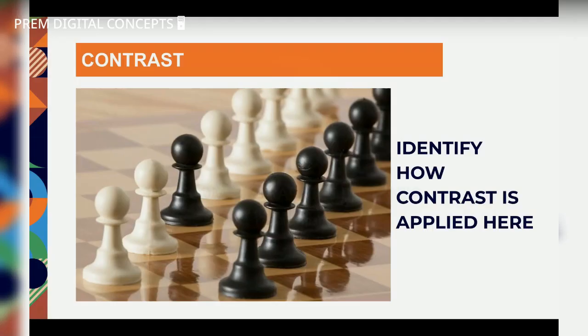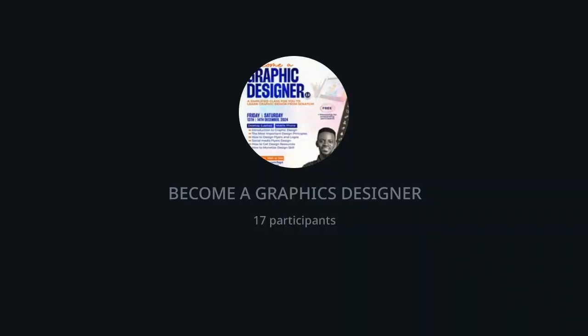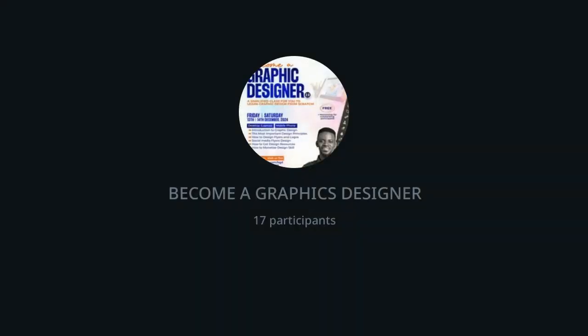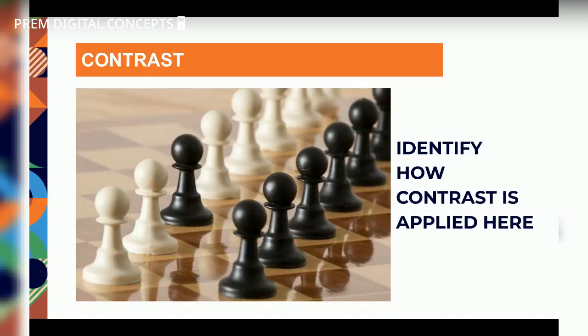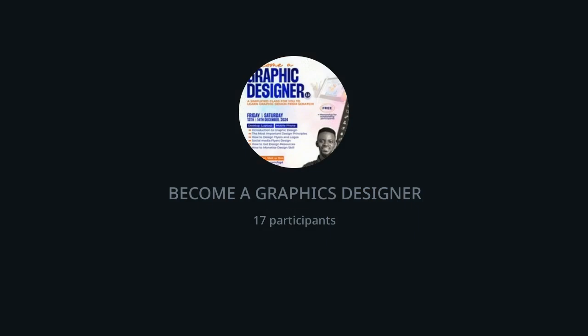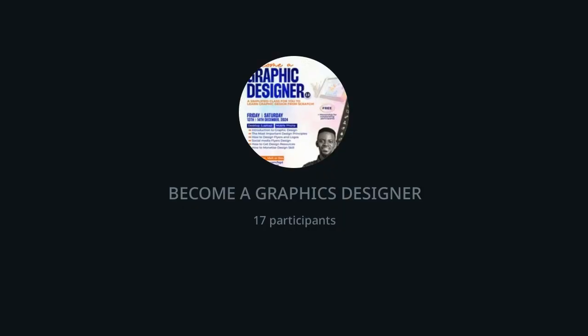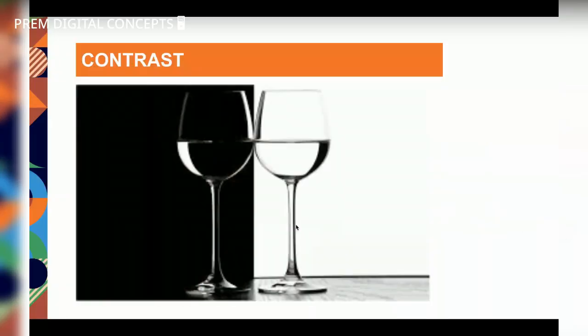From what you guys say now, you were all pointing out something standing out from the other. Where contrast is rightly applied on this image is that black among the white that is standing out. Remember from the definition of contrast that it is used to grab attention.